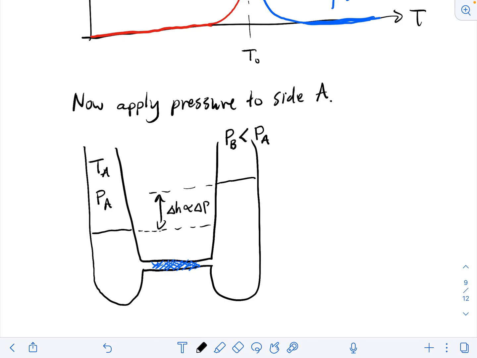And so here's the high pressure side, and here's the low pressure side.